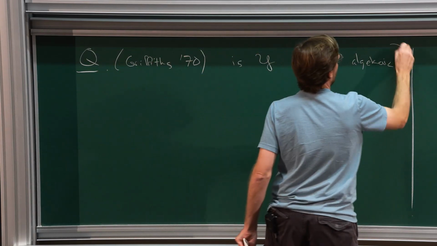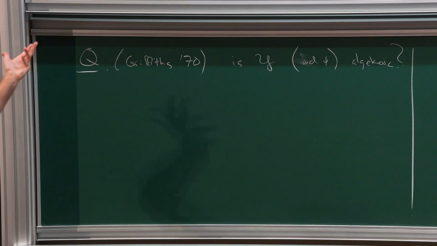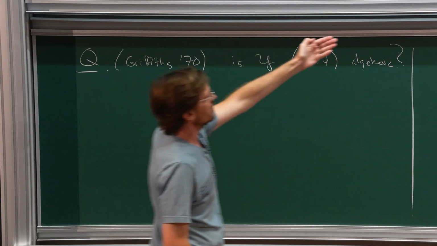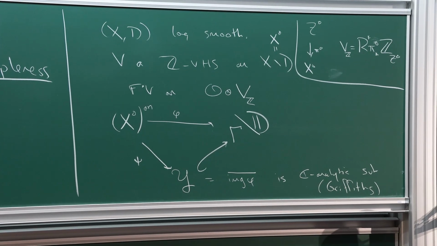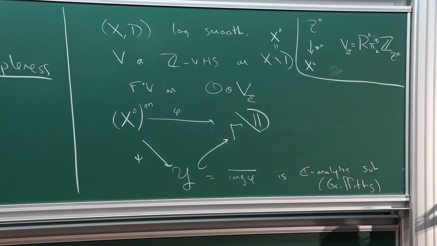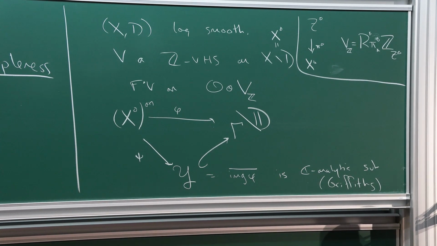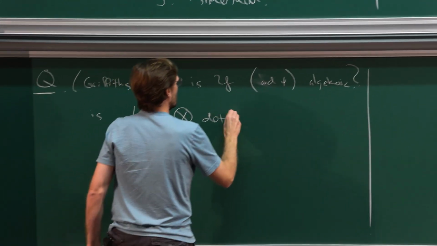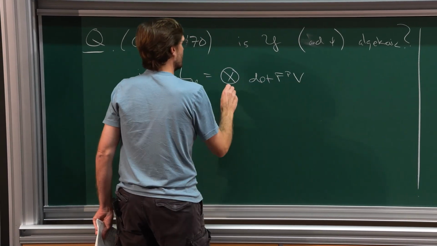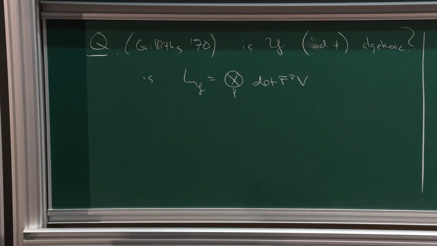Question. Even better than that, he asked, well, there's a natural line bundle which for curvature reasons should be ample. He asked if this line bundle, which you get by just tensoring the determinants of all the Hodge filtration pieces together, is ample.